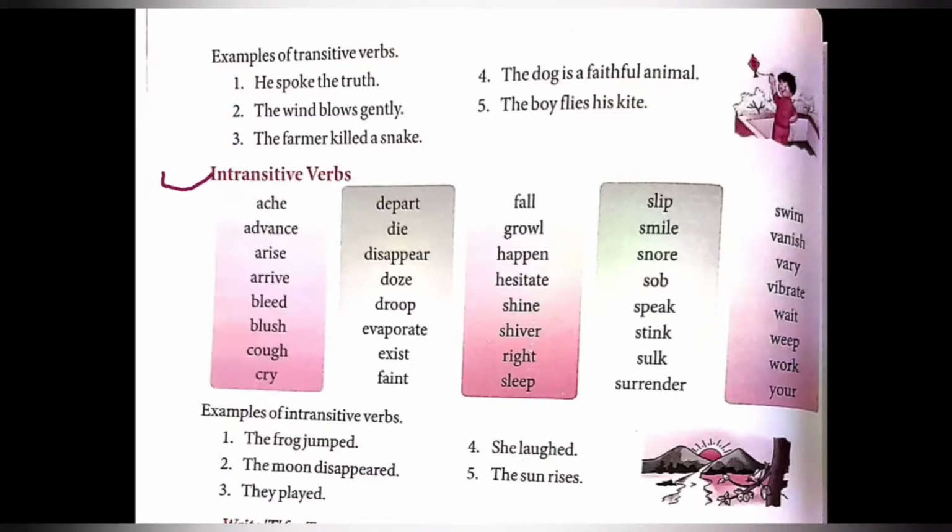Here the list of intransitive verbs is given. The list of intransitive verbs does not require an object. So the words ache, advance, these are verbs which do not require an object.